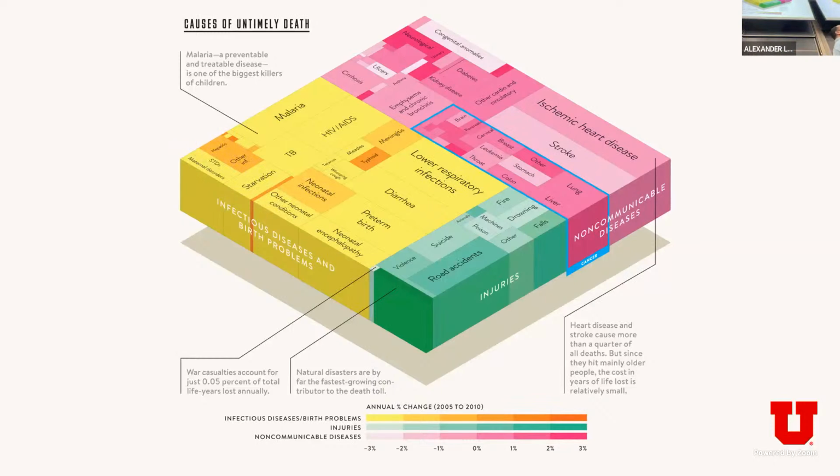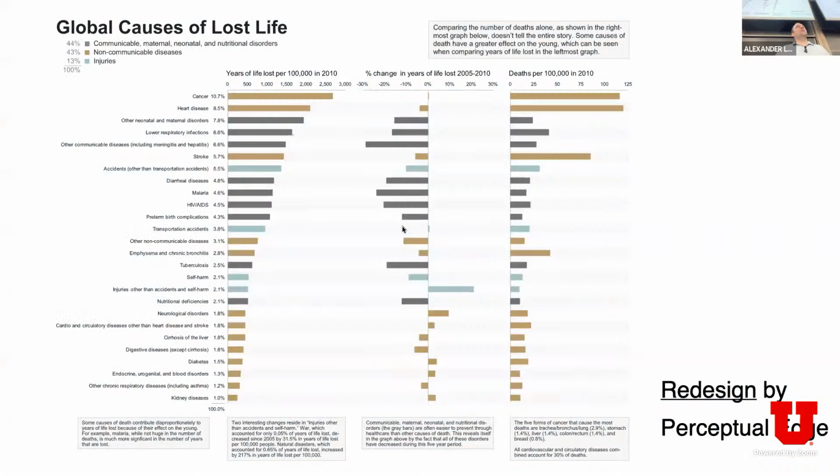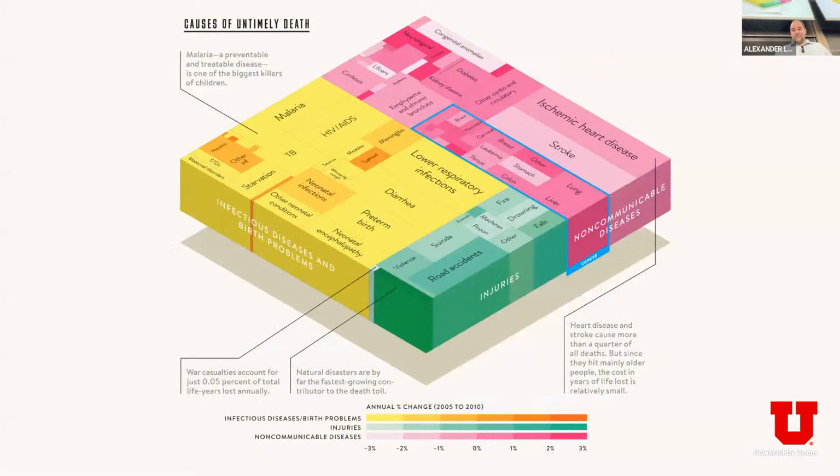Okay, so let's talk about the color map. Anybody have anything to say about the color map here and the legend? Yeah, so that might be a problem. This is actually my biggest complaint about this color map, because -1% and +1% is actually the same thing here.